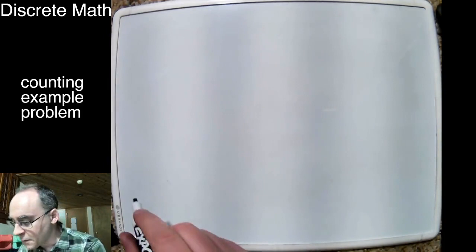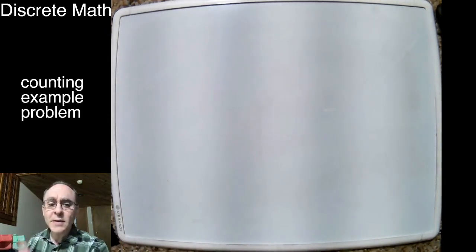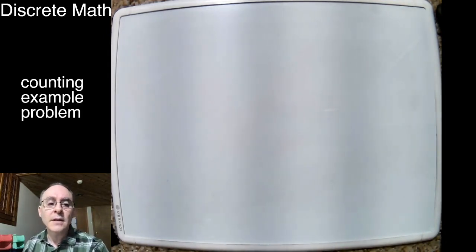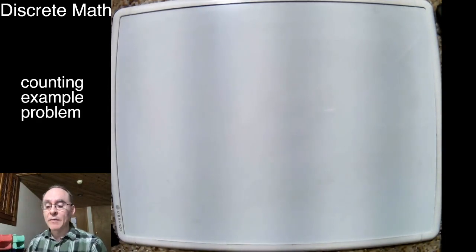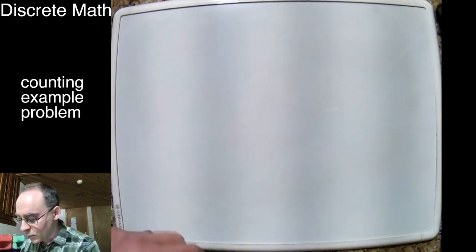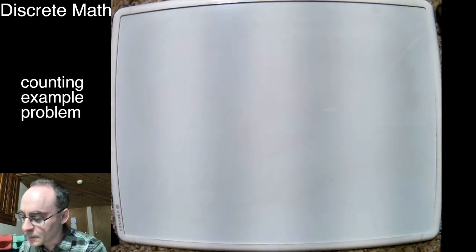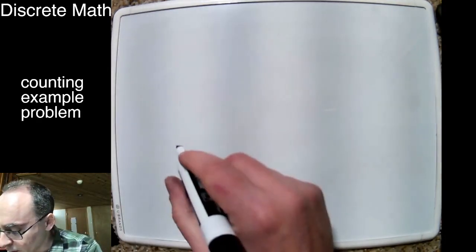I've got 3 boxes. Now, the one thing we still don't care about is the order. If I'm going to call these balls A, B, C, D, and E, and I have balls A and B in the first box, all I care about is that those balls are in that box. I don't care if it's A, B, or B, A. So I don't care about permutations there, so that's something to keep in mind.